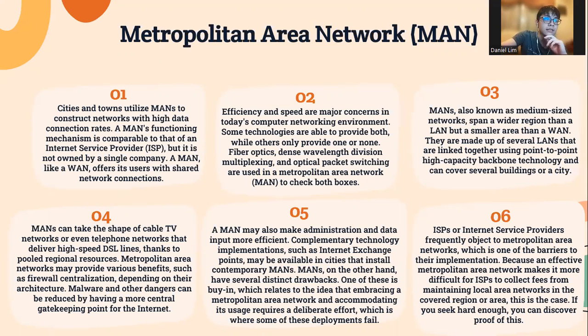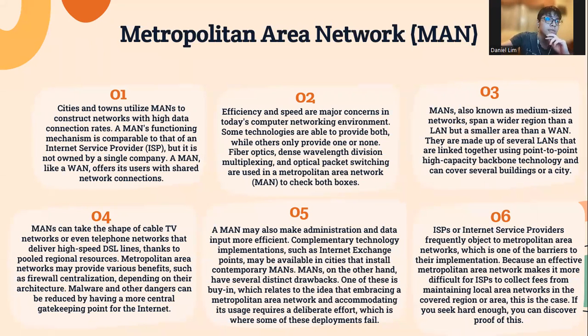For instance, several LANs are linked together with some auxiliary links to maintain a connection to each other, like it is shown in that high capacity backbone technology to maintain its speed and efficiency for certain buildings or cities that use MAN.